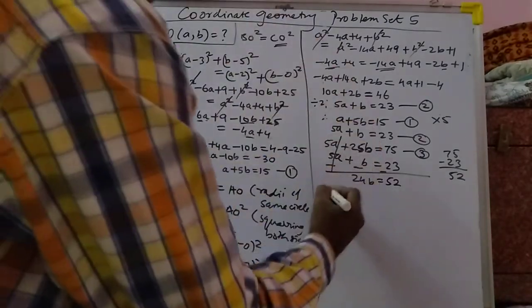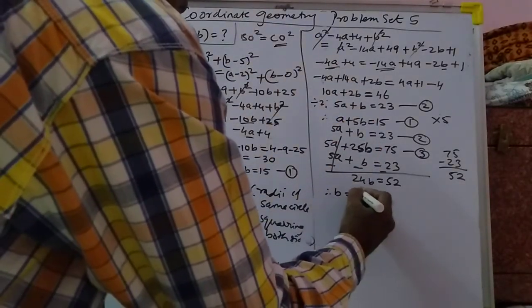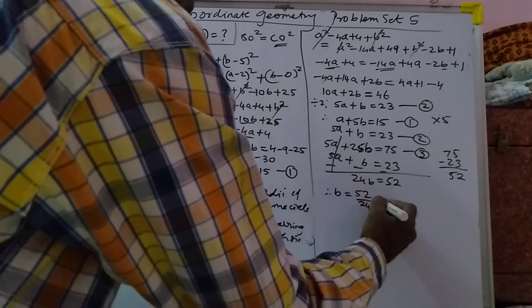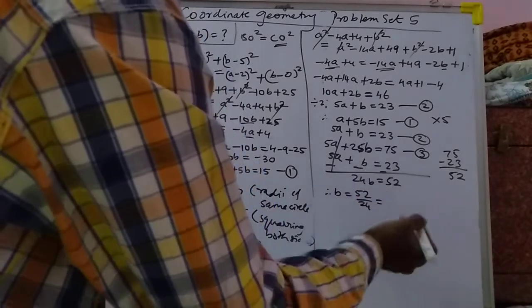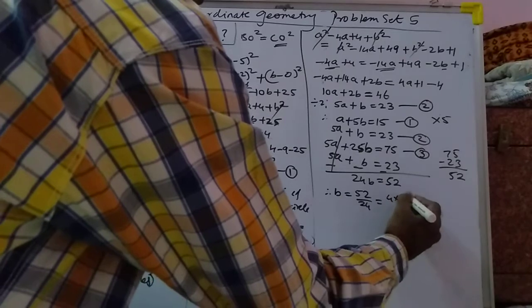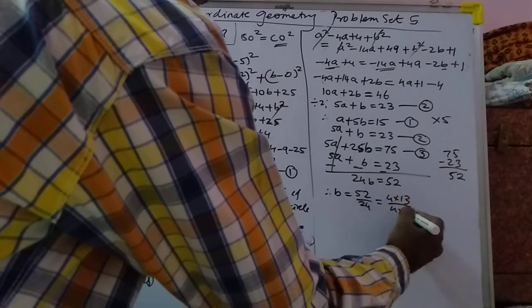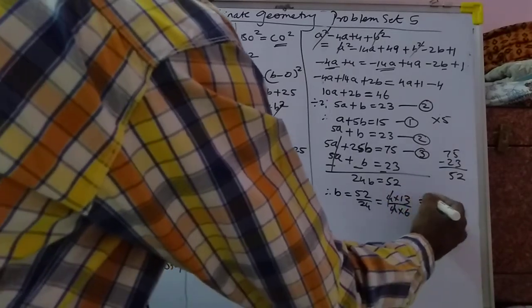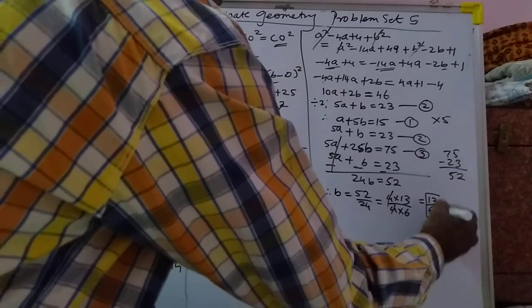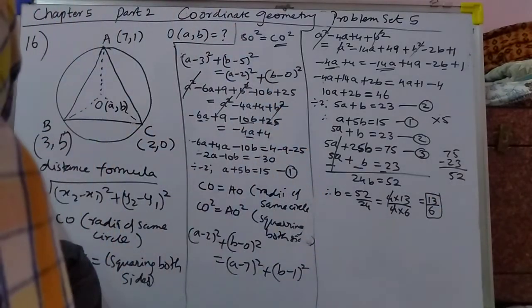Therefore b is equal to 52 upon 24. You can simplify it, it will become 4 into 13 upon 4 into 6, so that will become 13 upon 6.